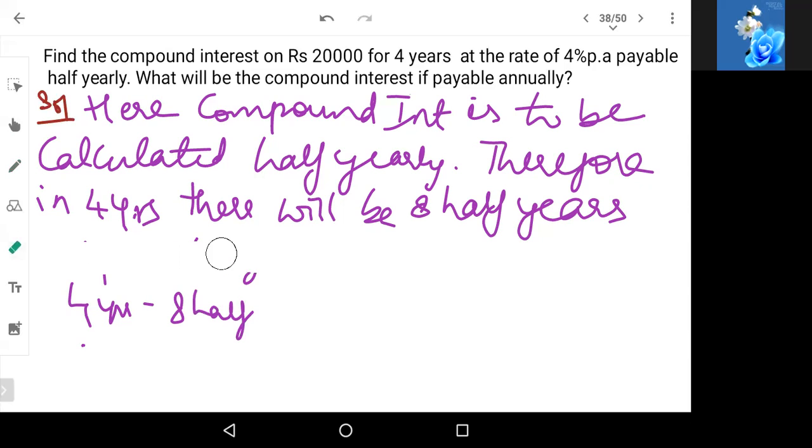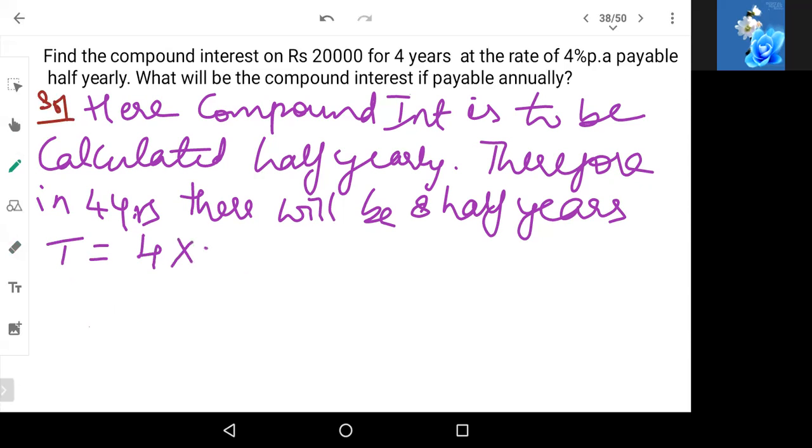So therefore, how we will write this is, the time will be written as 4 into 2 is equal to 8. And your rate of interest, 4% will be divided by 2. For 1 year, it is 4%.